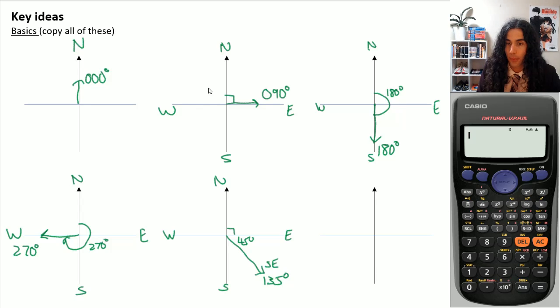What about northwest? So you could do it the long way around. It's 90 plus 90 plus 90 plus another 45. 270 plus 45 will give you 315. Easy way to do it is 360 take away 45. But that's it.